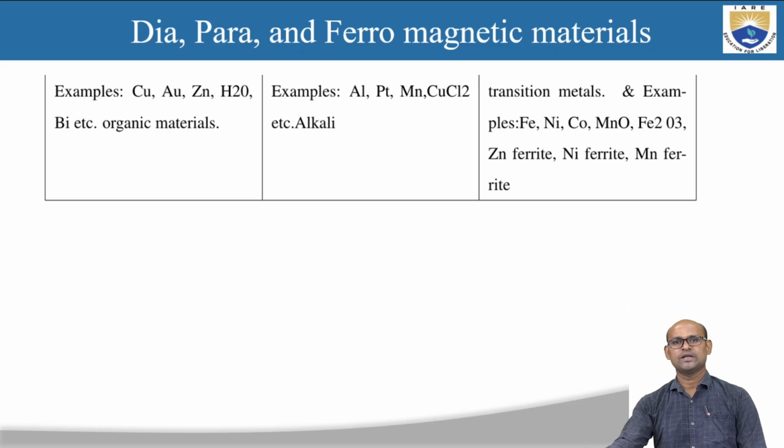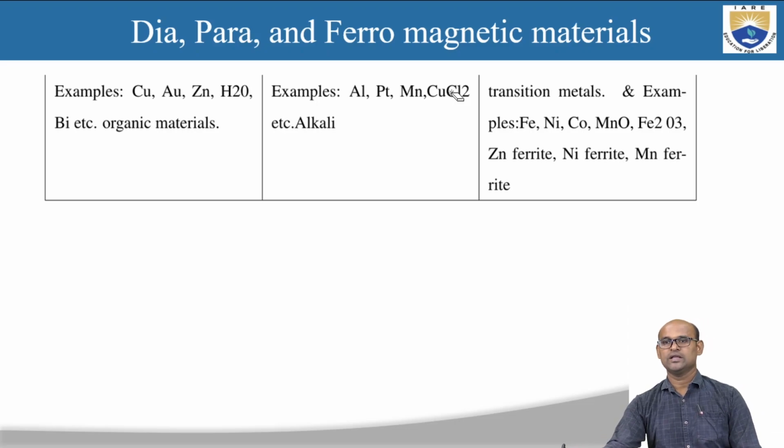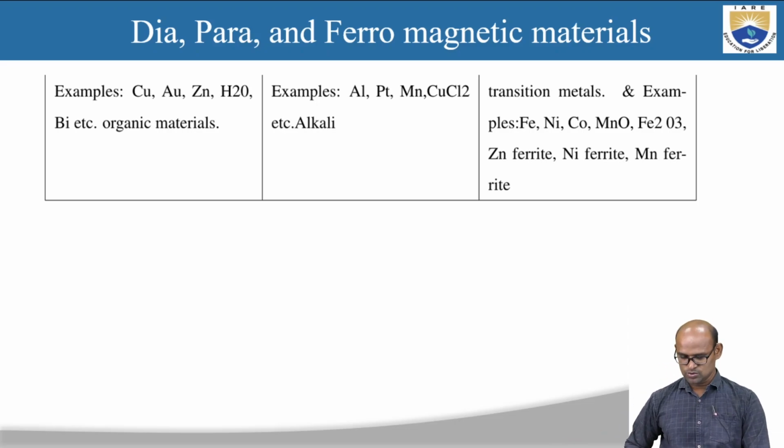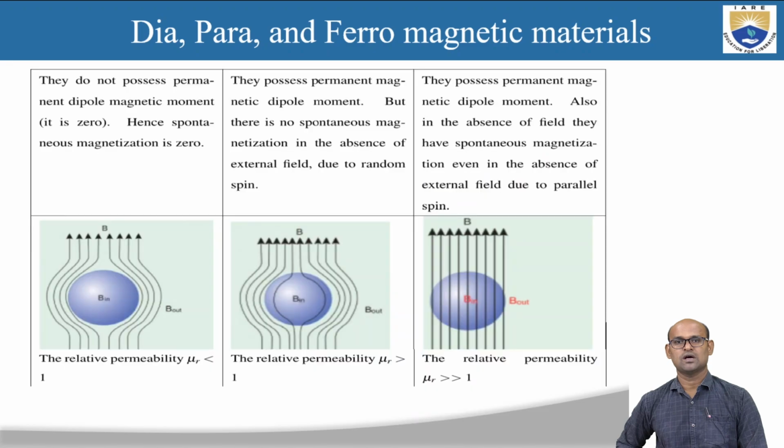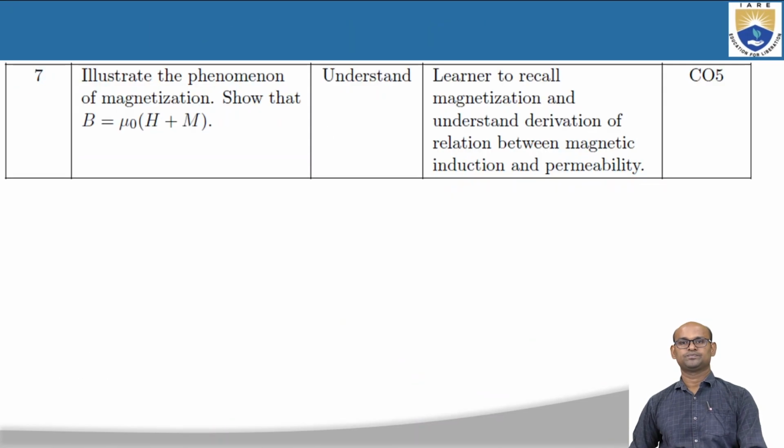Examples of diamagnetic materials: copper, zinc. Paramagnetic: aluminium, platinum, and manganese. Ferromagnetic: iron, nickel, cobalt. So these are some differences and examples of dia, para, and ferromagnetic materials.